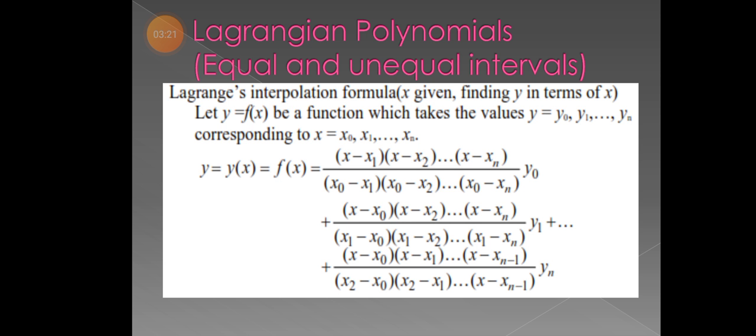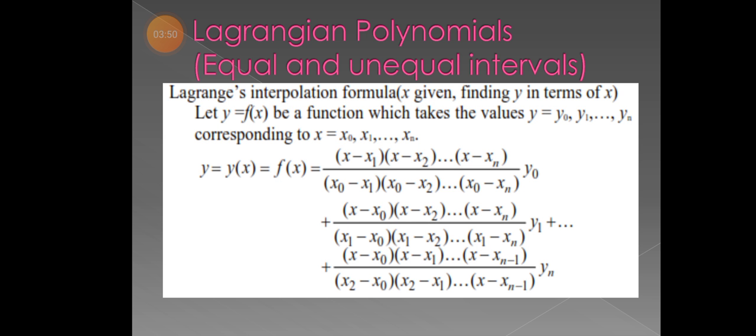To remember the formula is very easy. In the numerator, it is x minus x1, x minus x2, etc., up to xn; in the denominator, instead of x you add the value x0. Then plus, in the next term, we use x minus x0, x minus x2, up to x minus xn.